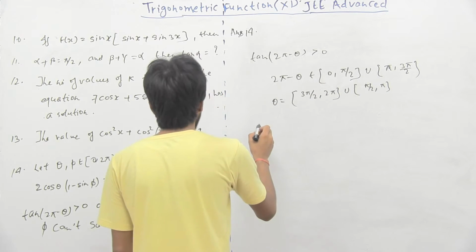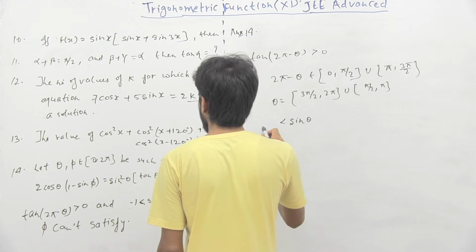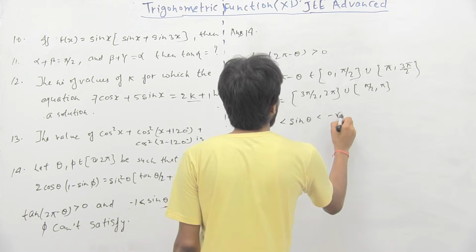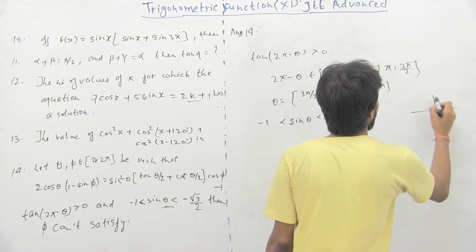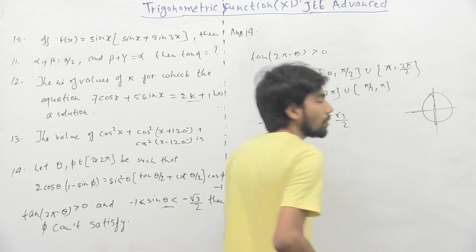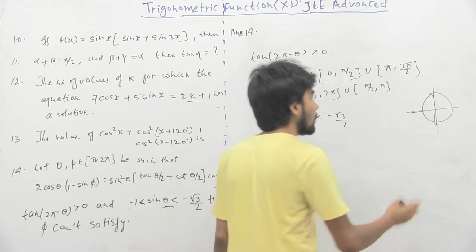And solving the second inequality, minus 3 by 2. So the value of sin is negative only in either the third quadrant or the fourth quadrant.